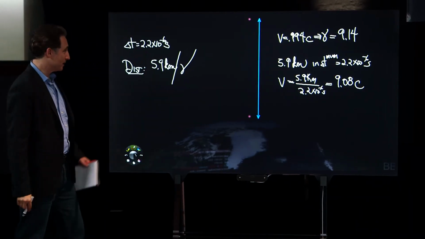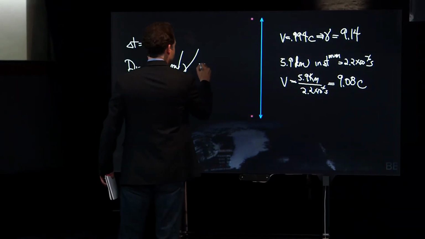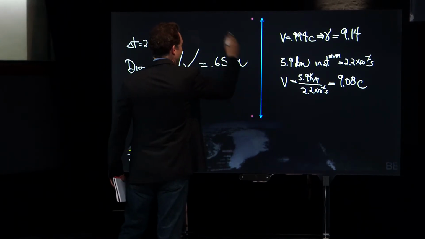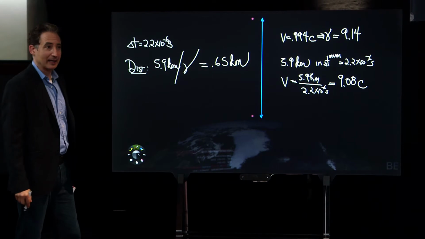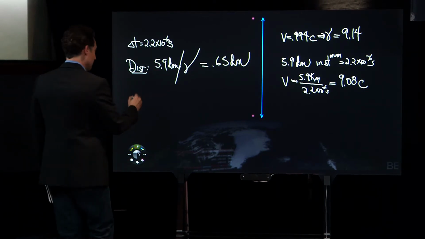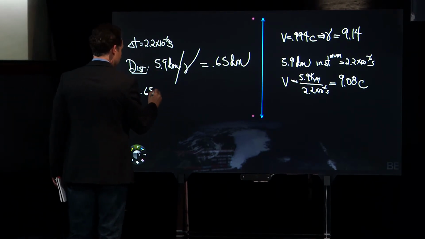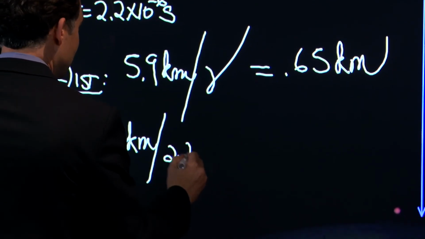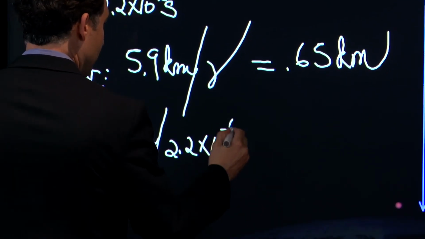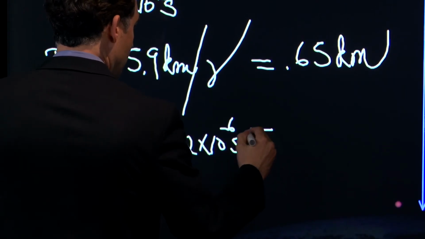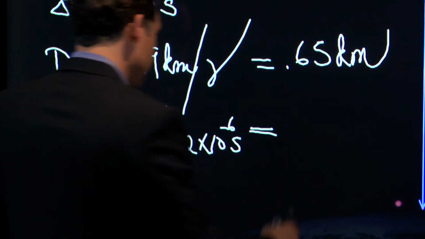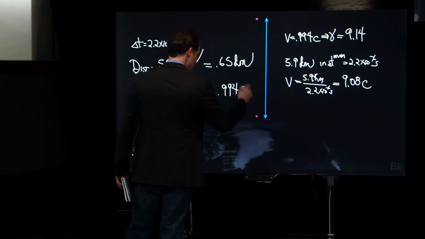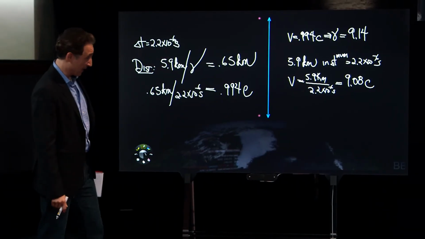It's shortened, and that distance is 0.65 kilometers. And now, if we use that length in calculating the speed, 0.65 kilometers divided by 2.2 times 10 to the minus 6 seconds, lo and behold, as it must, this gives us 0.994 times the speed of light.